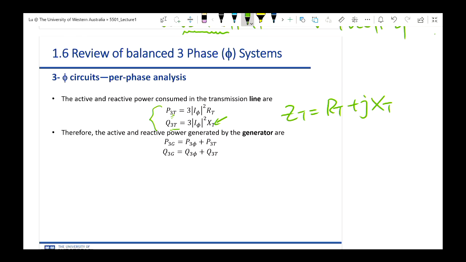In an AC circuit, when we have a load or transmission cable, normally they consider resistance and reactance. But do you know which power terms are associated with these two things? For example, if I give you resistance RT, my question is, can the resistor here consume real power?